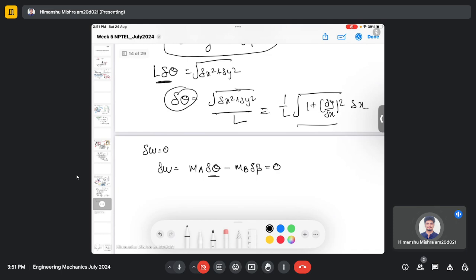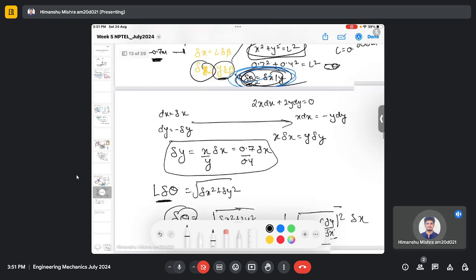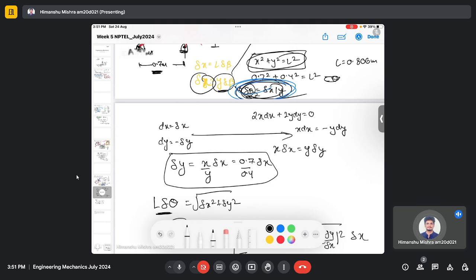Now I need to substitute the angular displacement here, del beta and del theta. So ma multiplied by 1 by L times the square root of 1 plus del y by del x squared, minus mb multiplied by del beta, which we found is del x divided by y.